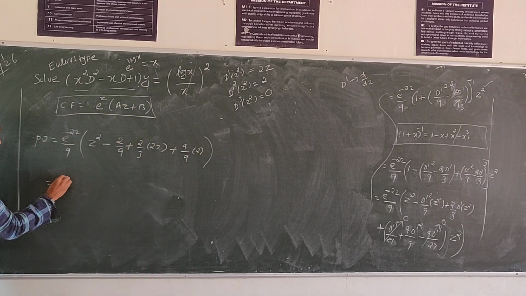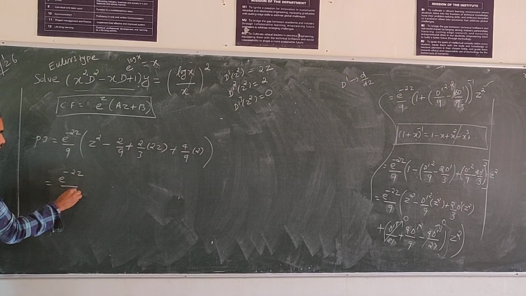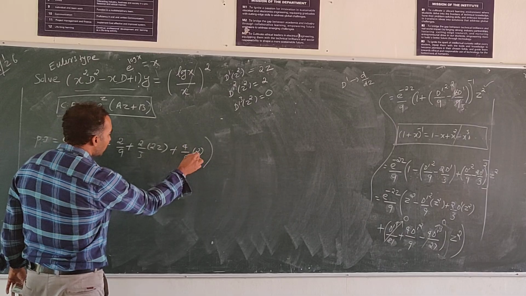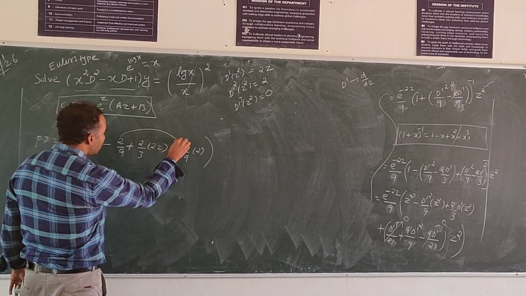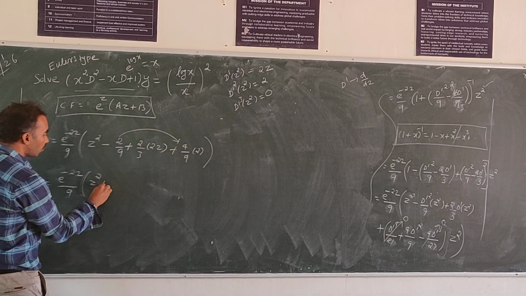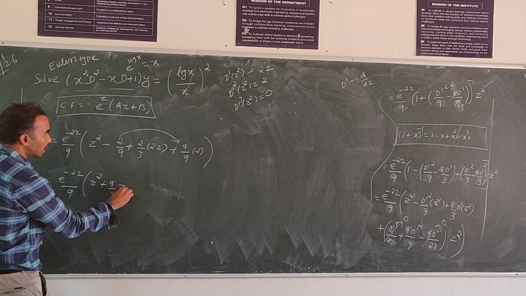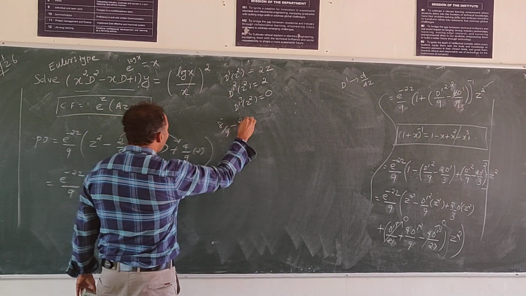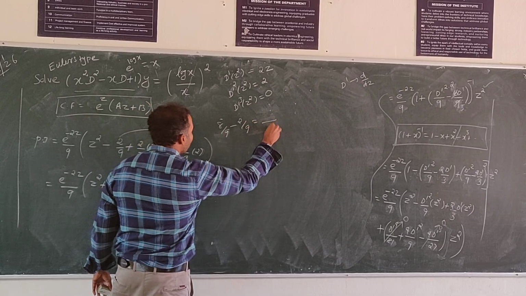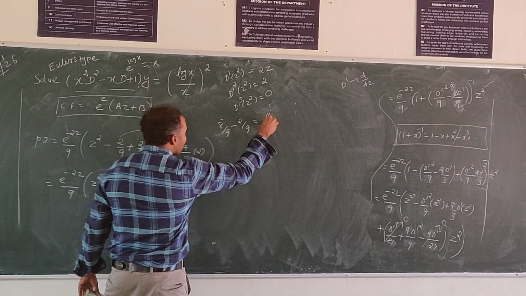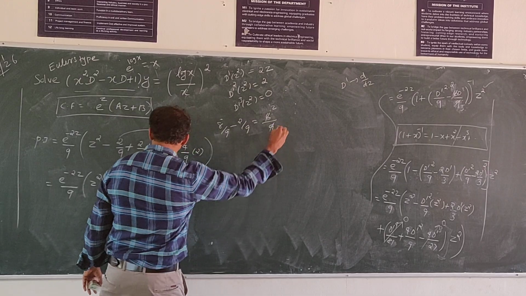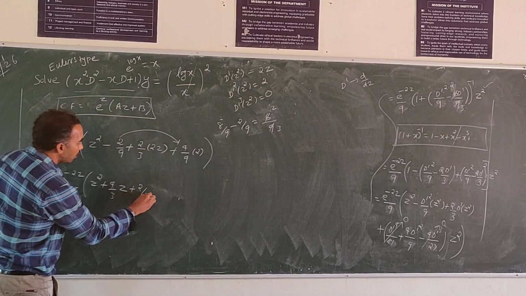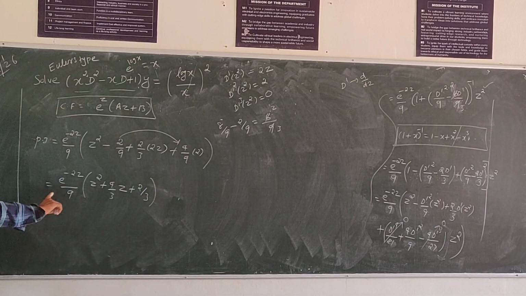Next, equal to e power minus 2z divided by 9, z square. This will become 8. Add these two: 2 into 2 is 4, plus 4 by 3 z. What about 8 by 9 minus 2 by 9? LCM 9. 6 by 9, if you strike out, 2 by 3. So this is the answer.